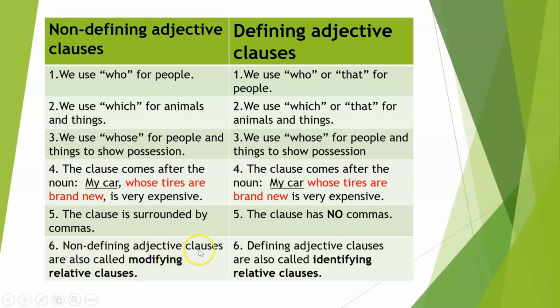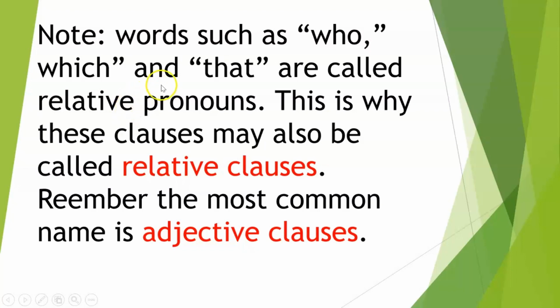Non-defining adjective clauses are also called modifying relative clauses, and defining adjective clauses are also called identifying relative clauses. So here we have different names that we can use for each. Note, words such as who, which, and that are called relative pronouns.